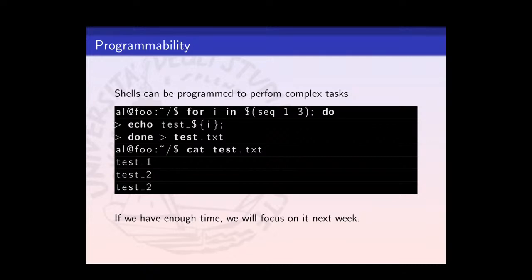And that's why if we cat the content of the txt file, we end up with 3 lines. The first one is test_1, the second one is test_2, and the third one is test_3. Again, sorry, those are my typos. Okay?